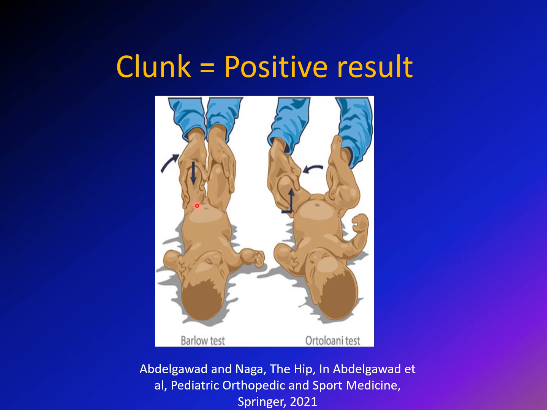You can get it out of the socket, and this is the Barlow test. So Barlow is to see if the hip is subluxable, and Ortolani is to see if the head is dislocated. Ortolani is the more important test. The Barlow test, especially with the new recommendation, is not as important. So Ortolani to see the dislocated hip, if you can reduce it. Barlow to see if the hip is subluxable and you can get it out of the socket.